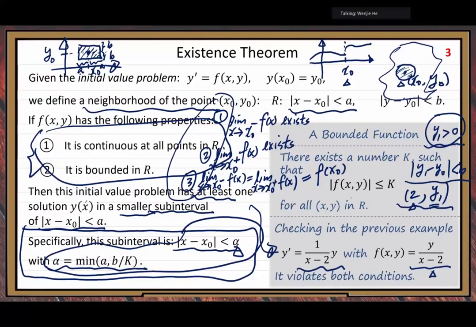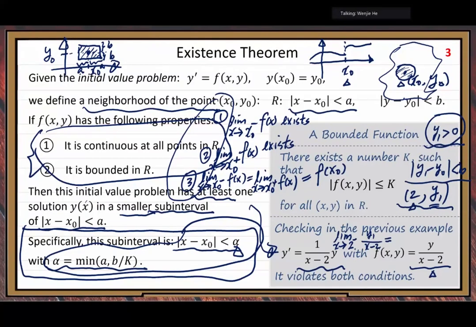For the first condition, limit as x approaches 2 from the left-hand side, the left limit. What is the function y1 over x minus 2? What is this limit?